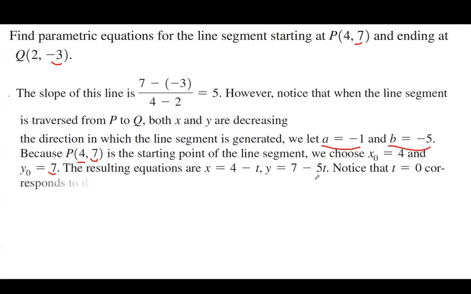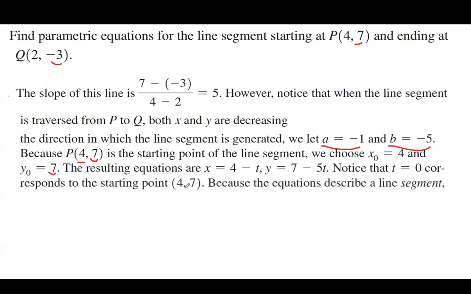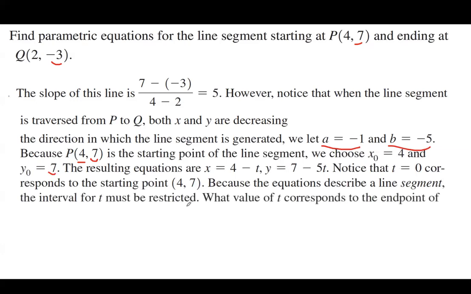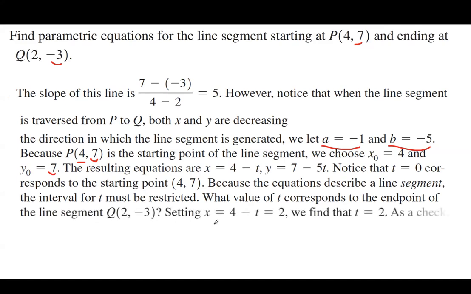Please note that when t is equal to 0, the starting point is just (4, 7), which is expected. Because the equation describes a line segment, the interval for t must be restricted as well. So you have a starting point and an ending point. What value of t corresponds to the endpoint of the line segment? If you set x, which is 4 - t, equal to 2, we find t to be 2.